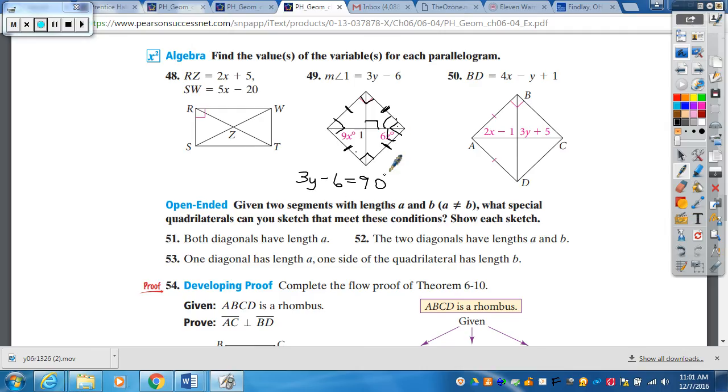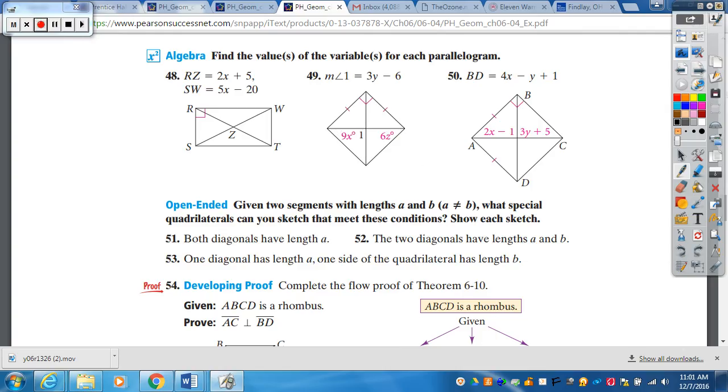And so what we see is that we've got this 90-degree angle that's been bisected, which means that 6z is going to be 45. Okay? We also see that we have this 90-degree angle bisected, so 9x is equal to 45. So again, you've got everything there that you need. You just have to make sure you understand all the little details, the little characteristics that are taking place within that structure right there. Okay?